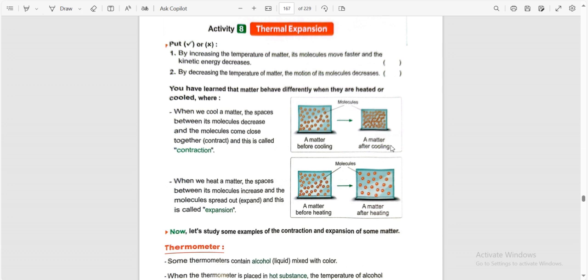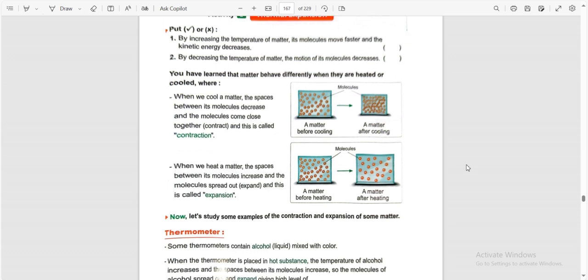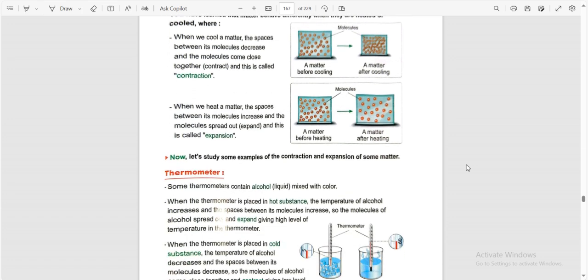So the size becomes larger. Of course, this change in size cannot be really seen sometimes, especially when we're talking about solids, but it's a very important thing to know because we will see how it can be very dangerous later in this video.